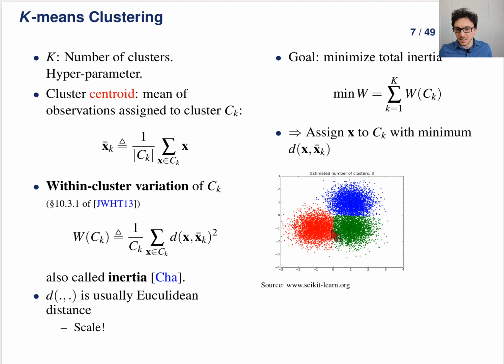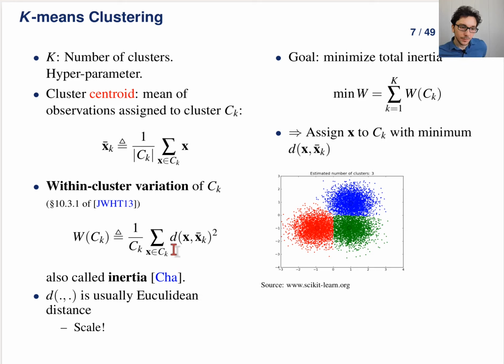So for instance, in this case, the within cluster variation of these three clusters is more or less the same, because the average distance between each point, each sample, and the relative centroid is more or less the same. Within cluster variation is also called inertia by some other authors. So I may use these two terms interchangeably.